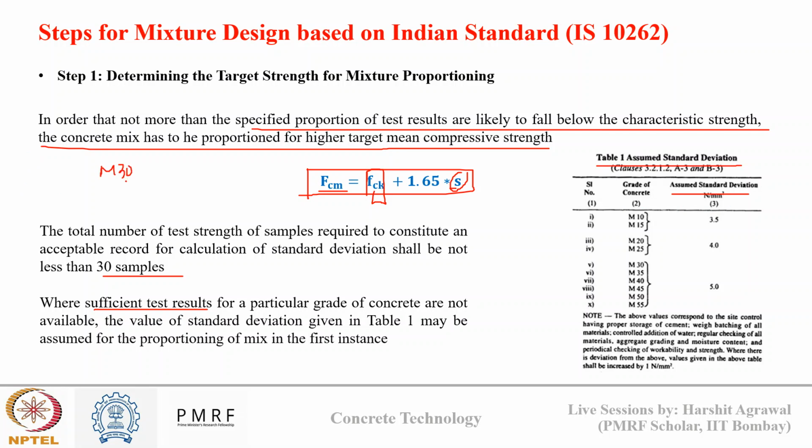For M30 grade, you need the standard deviation S value also, but you don't have enough samples to obtain it. What IS 10262 says is, if you don't have enough samples to calculate the S value, use this table 1 to assume it. So for M30 grade, we can assume an S value of 5 Newton per mm square. So we can assume this standard deviation, and we can calculate the target mean strength for our designing.